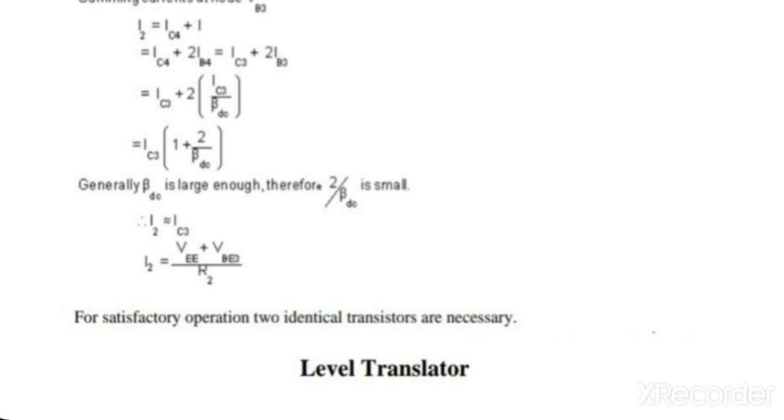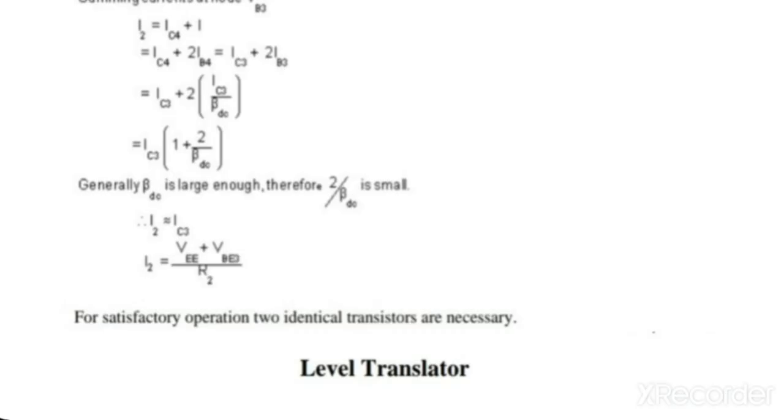The current I2 can be obtained by writing the Kirchhoff's voltage equation for the base emitter loop of the transistor Q3, and I2 is obtained as VEE minus VBE3 divided by R2.